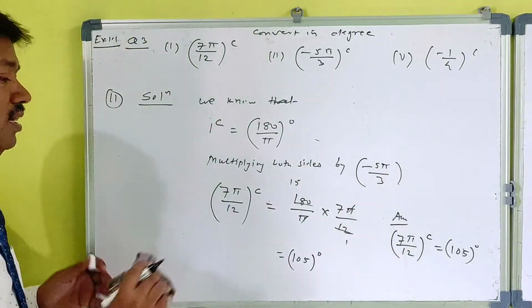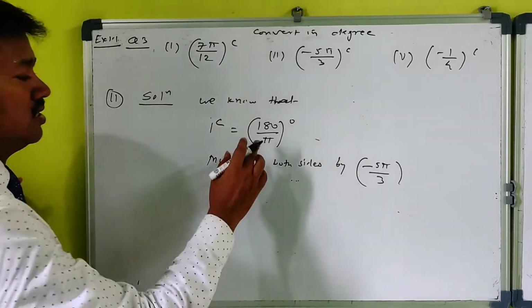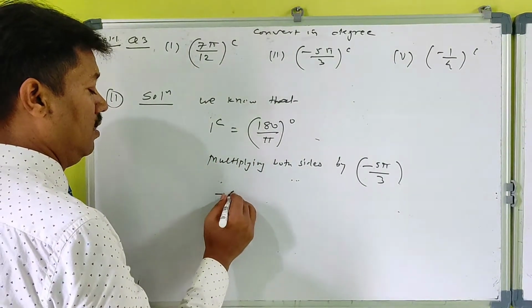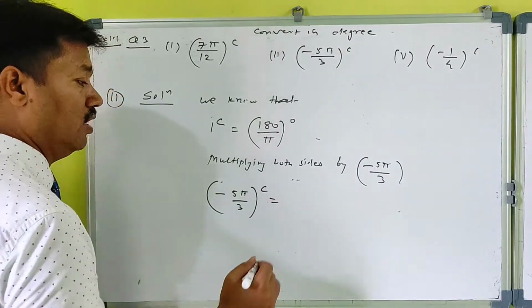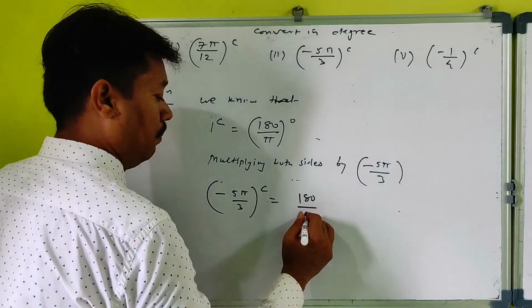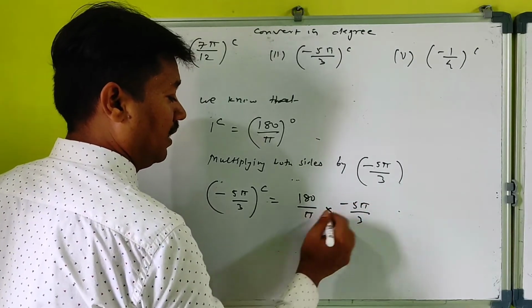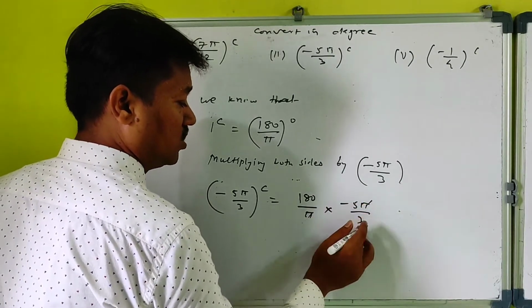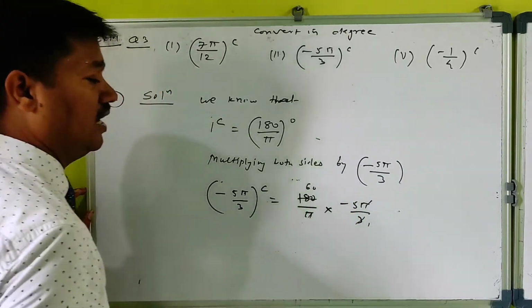So minus 5 by 3 से multiply करोगे तो minus 5 pi by 3 radian is equal to 180 upon pi into minus pi by 3. Pi cut. This 3 cut with this 3 ones are 60, 60 into 5 that is 300.